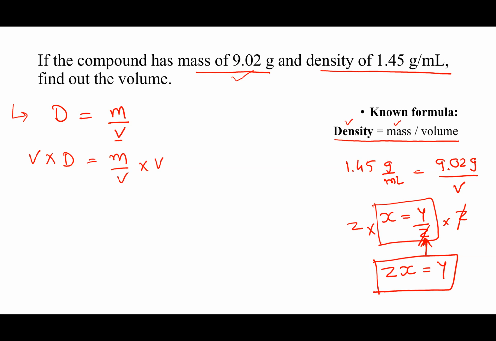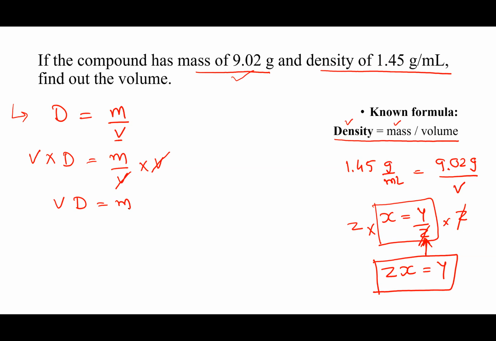If I do that, I cancel out the v from the numerator and the denominator. So my final formula looks like Vd is equal to m. And in this way, I managed to bring volume into the numerator. Do you guys follow what I did? Yes, sir.